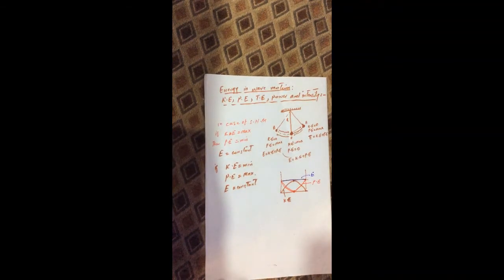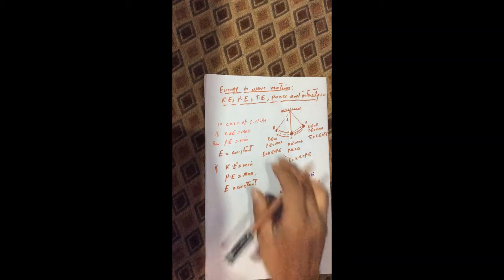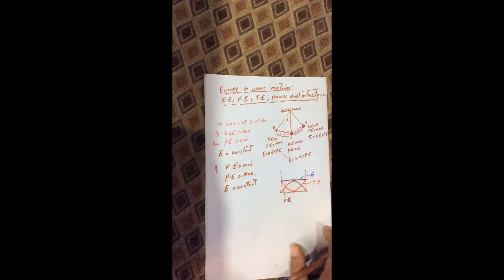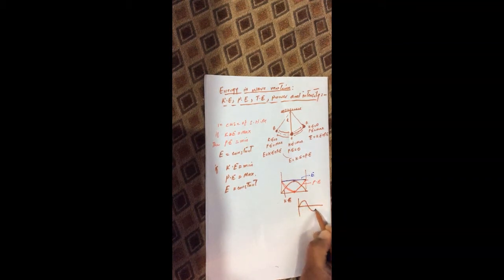But in case of wave motion, the situation is completely different. Now if I draw this motion diagram, the motion looks like this. Here at this point, kinetic energy becomes minimum and potential energy is maximum.